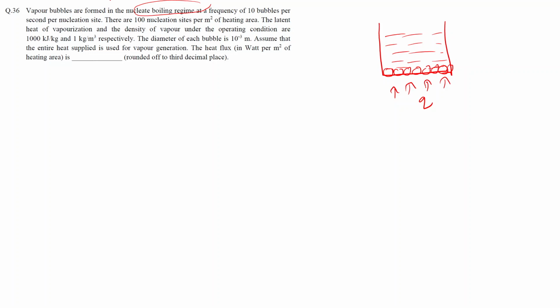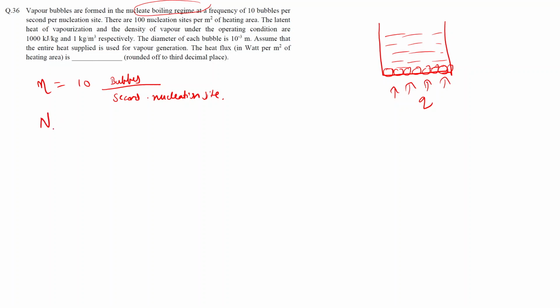So now from the given question, we will write the data. Vapor bubbles are formed at the frequency of 10 bubbles per second. So let's just call this frequency small n is equal to 10 bubbles per second per nucleation site, and then there are 100 nucleation sites per meter square.